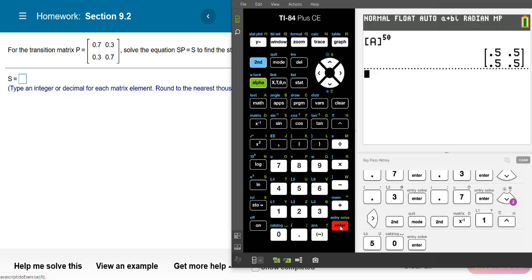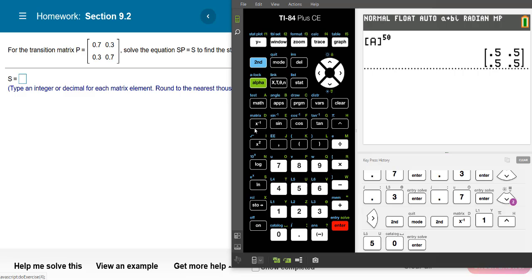Now, if I get the rows of this matrix identical, then we have found the correct stationary matrix. If not, I try a bigger exponent.